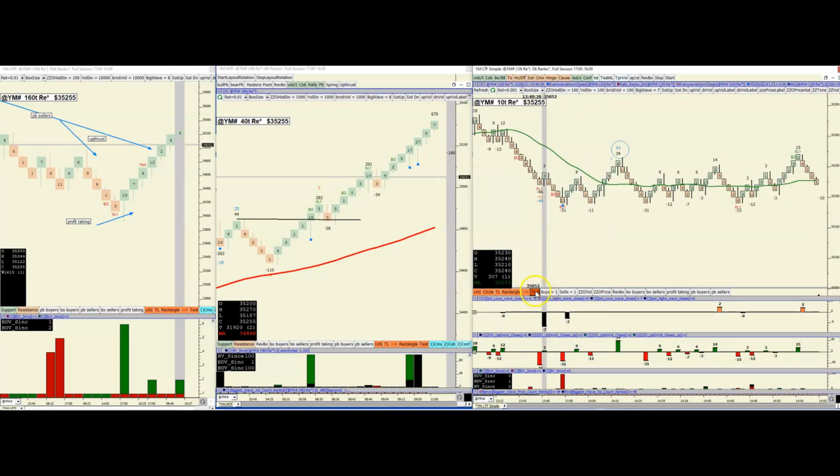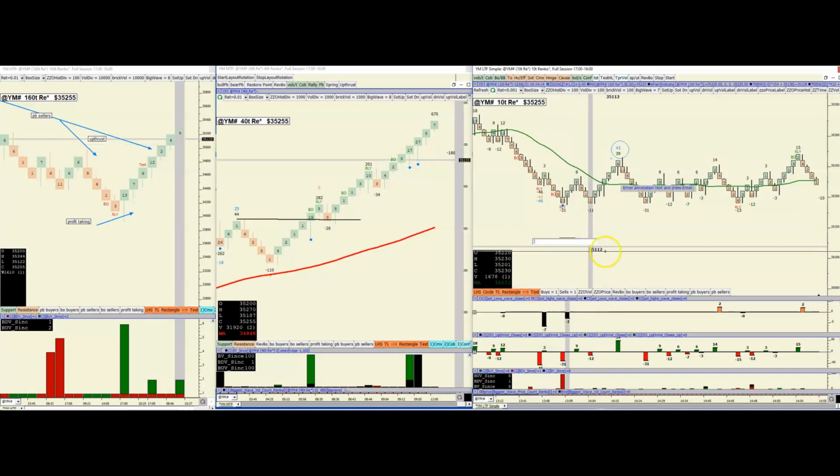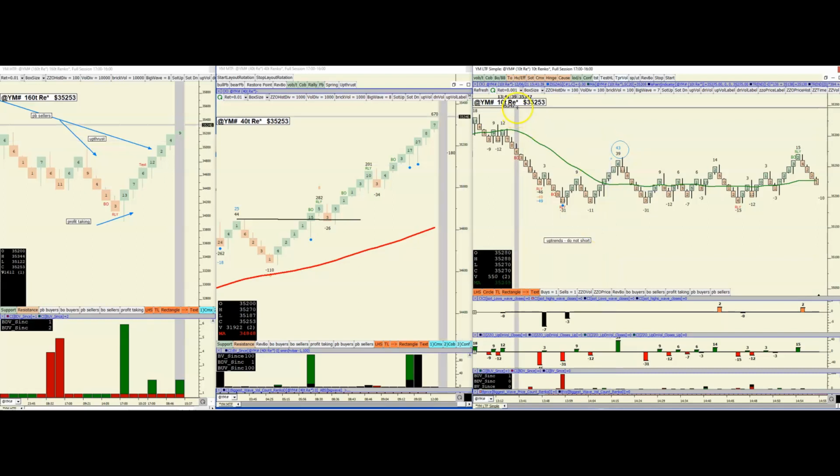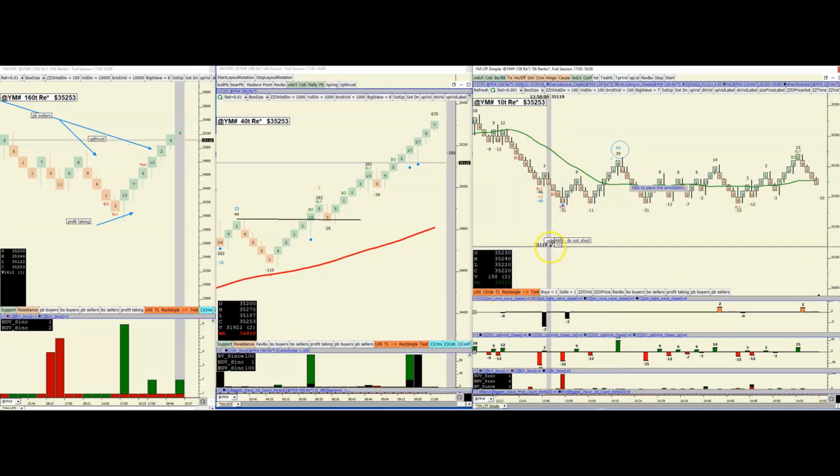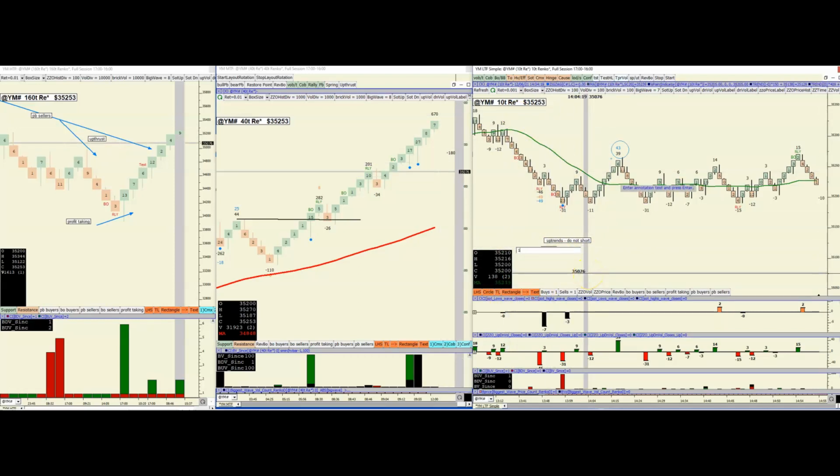In uptrends, when you get a turning point, do not short. All right? In uptrends, do not short. Why? Because weakness in uptrends can be a stop hunt.